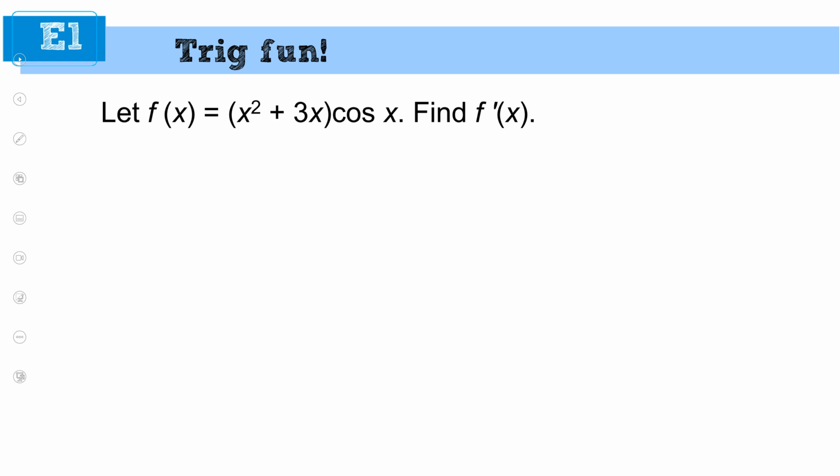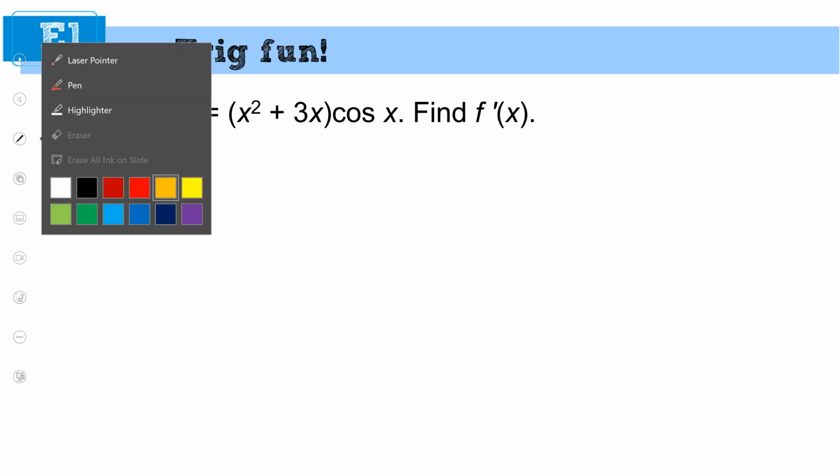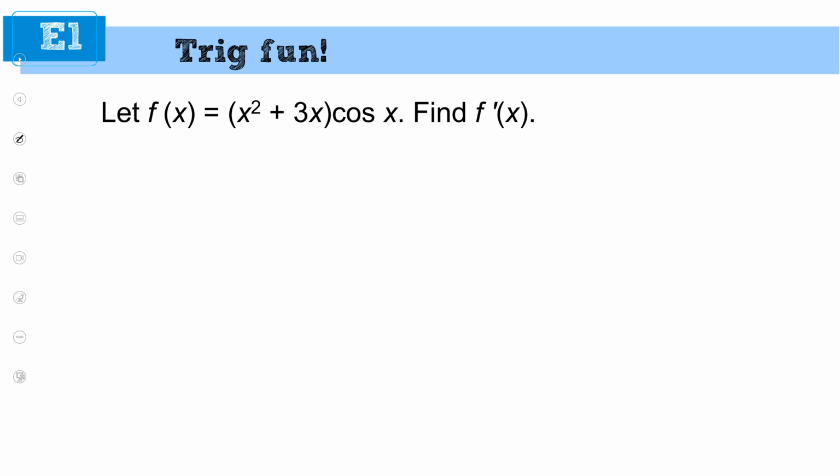Now, let me talk about this very briefly. If I wanted to take this derivative, I could do it a couple different ways. What I would do is consider this one function and this the other function, and then use the product rule. However, some of you might feel the need to distribute that cosine and rewrite this as x squared times the cosine of x plus 3x times the cosine of x. And this is still f of x.